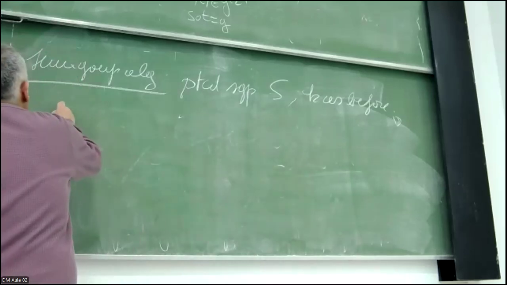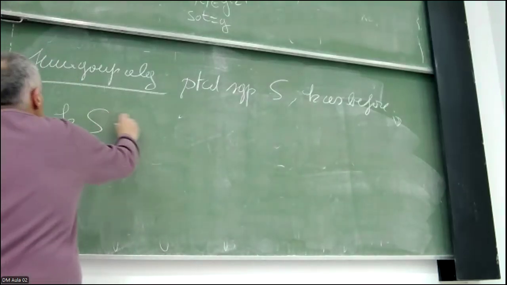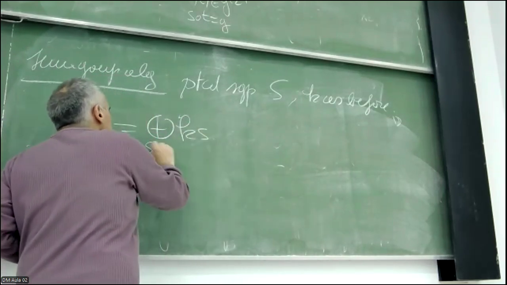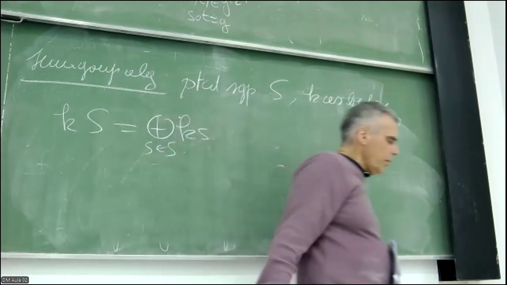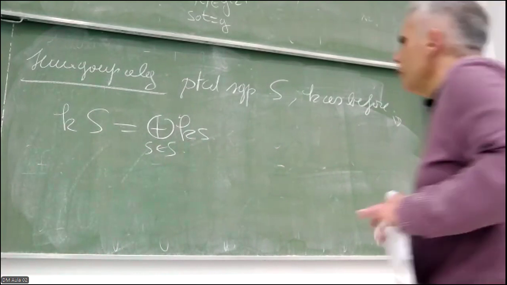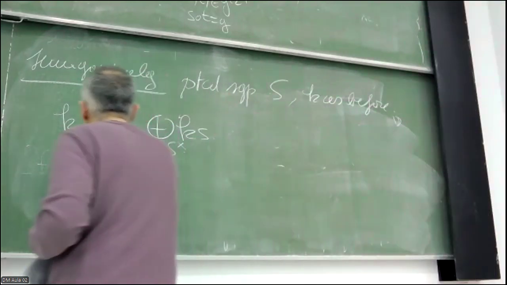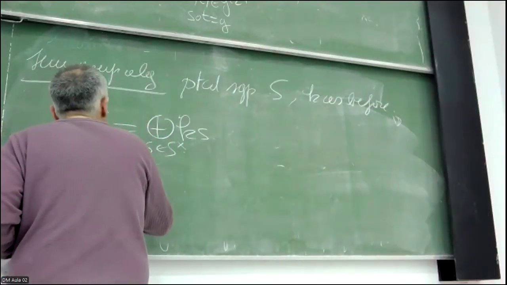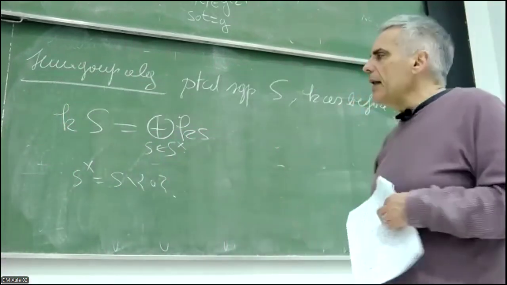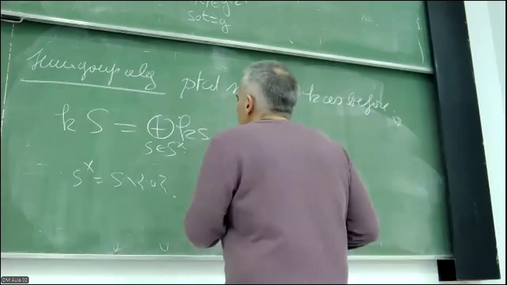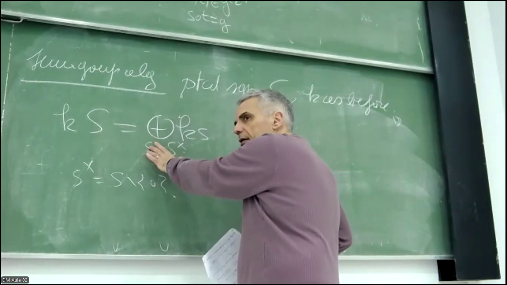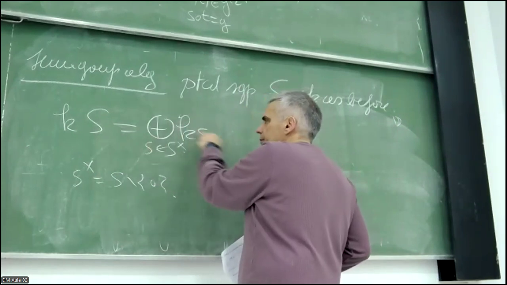We define KS to be the free K-module on all non-zero elements of S, and we will make this into an algebra using the product of S.